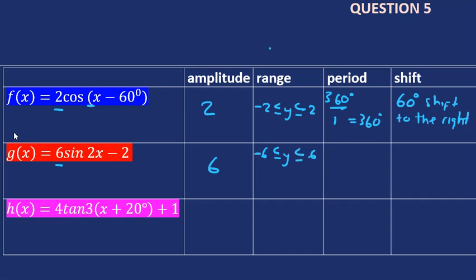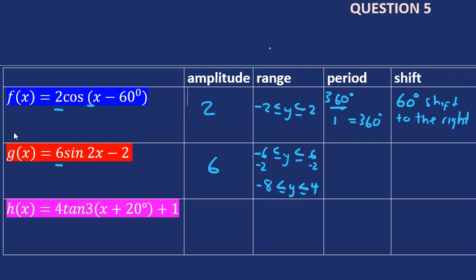But now, because of that vertical shift, we can minus 2. So negative 6 minus 2 is negative 8. 6 minus 2 is 4. So that will be the range after the negative 2 shift.